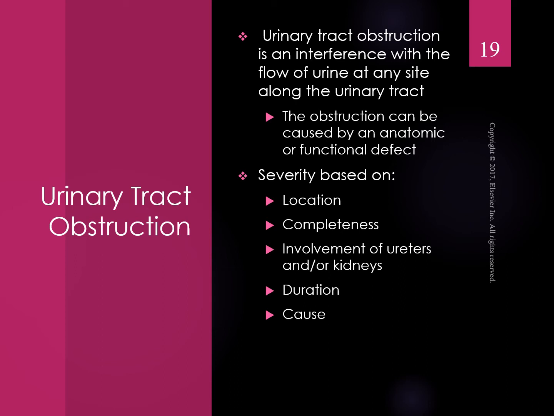So it could be obstructive uropathy. It could be any anatomical changes by any obstruction. And the severity is based on its location, completeness, involvement of the ureters or the kidneys, the duration, and the cause.